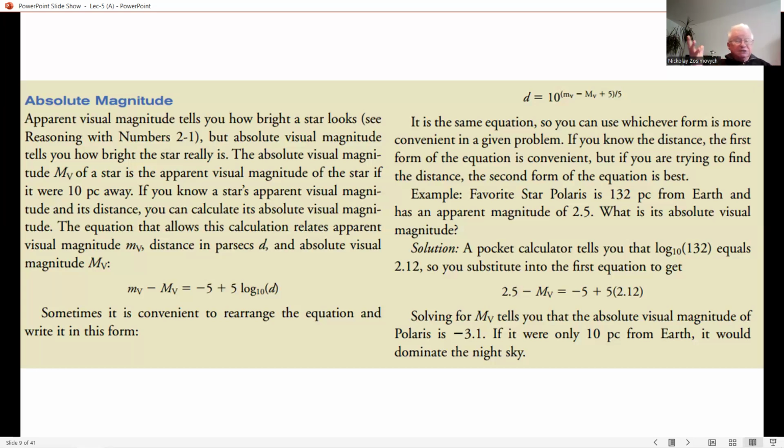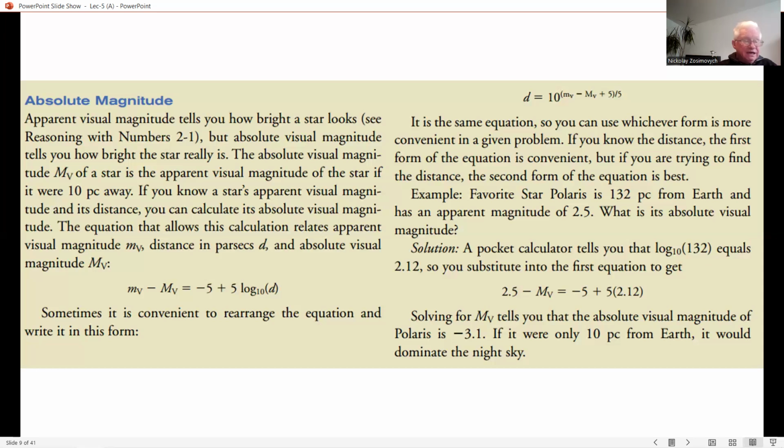If the star is nearby, you can measure its parallax and from that find the distance. Do you agree with me? Nice. Let's go on. Once you know the distance, you can use a simple formula to correct the apparent visual magnitude for the distance. And so you may find the absolute visual magnitude.